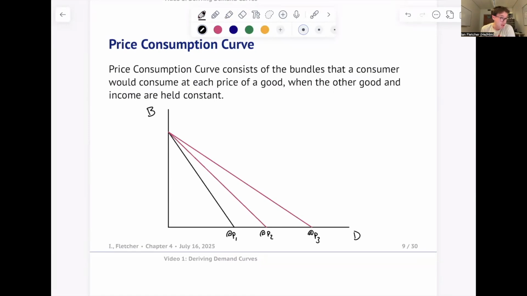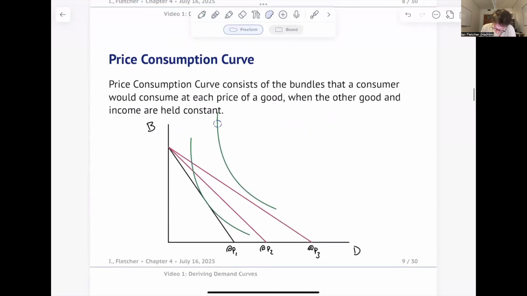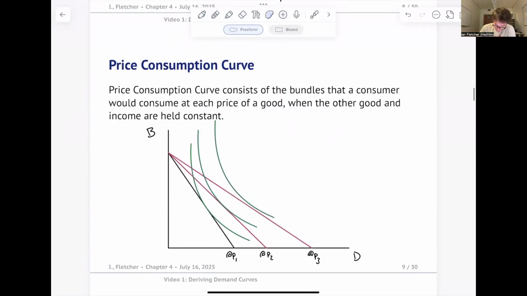And then remember, at each of these, we also have an indifference curve that we're dealing with here. And so we're going to be at this indifference curve, and then we are going to have the same indifference curve, but shifted out a little bit. And then a similar indifference curve shifted out again. Instead of pasting these, we should probably just draw them. It'll be easier.